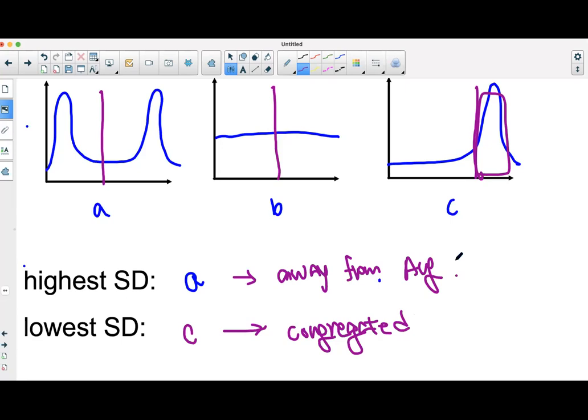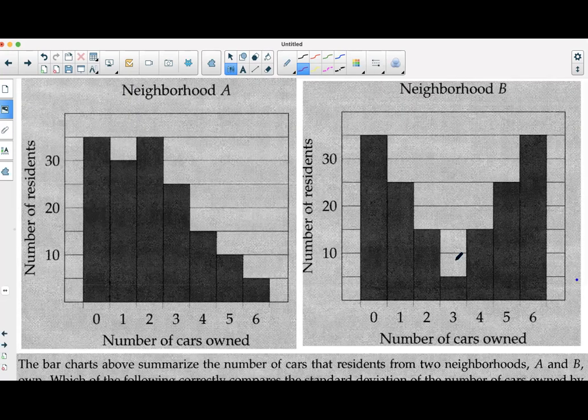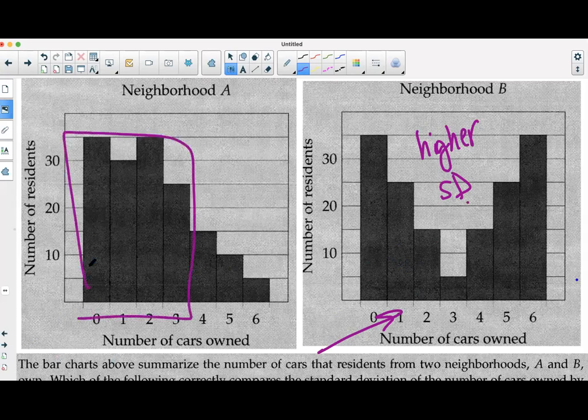Now, let's go back to the question here. Between these two, which one has the higher standard deviation? B has a higher standard deviation. Why? Because they're more spread apart from the mean, while these are more congregated together on one side. So the first one has a lower standard deviation.